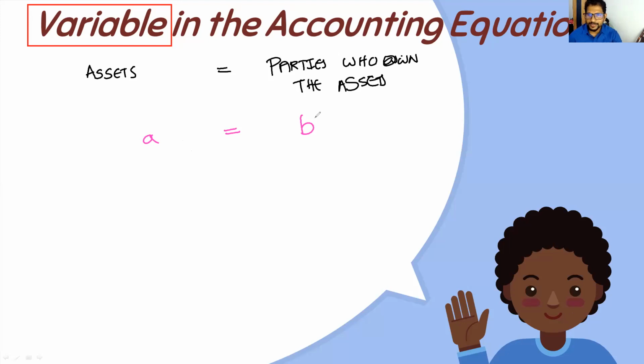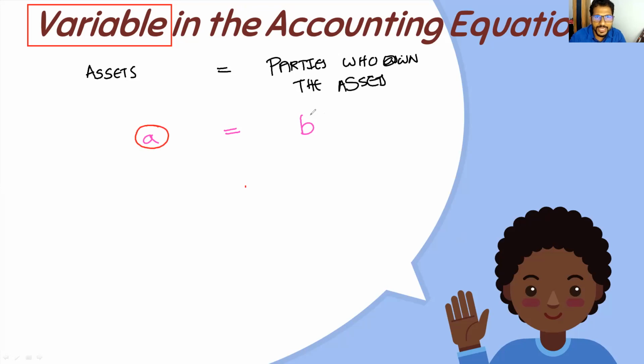It's very simple. Anyone in the class, anybody. What are the variables in this accounting equation? Exactly, Adisha. Both these values can be changed.